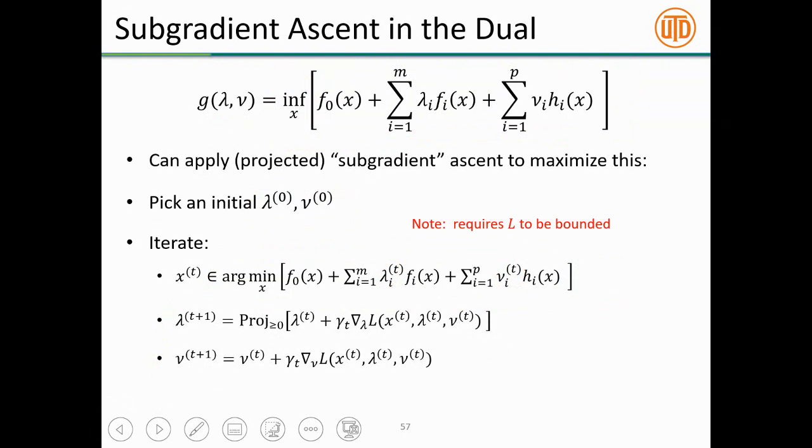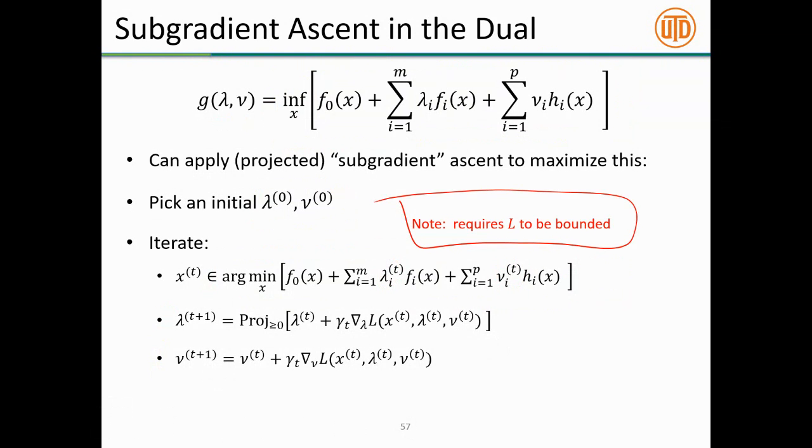A couple caveats about this method. Again, this really requires that the Lagrangian is bounded for all different values of lambda and nu. If it's not, this first step doesn't make sense. You'll end up with negative infinity as a subgradient.